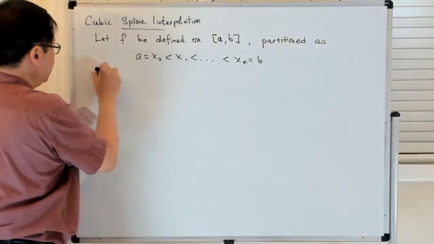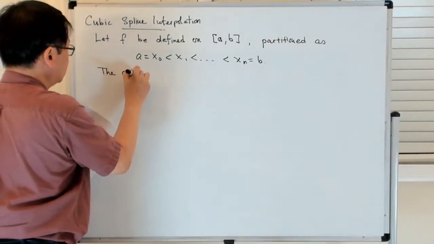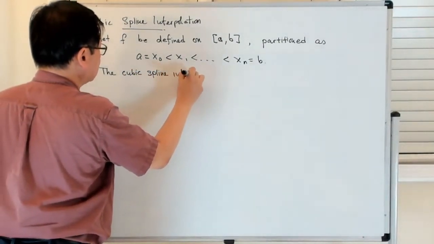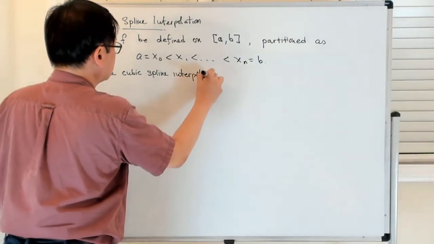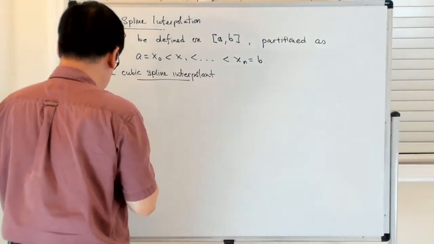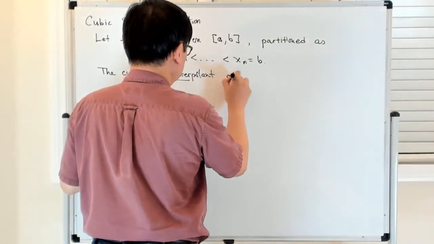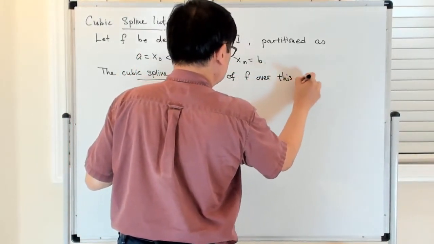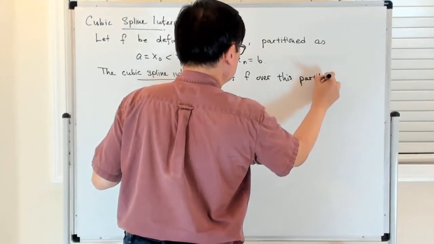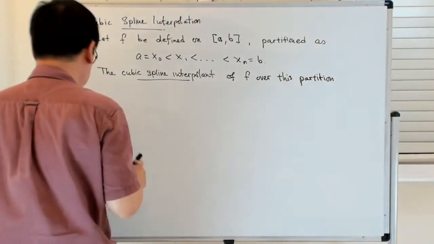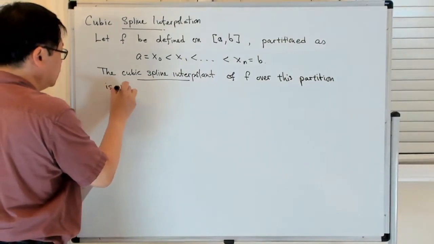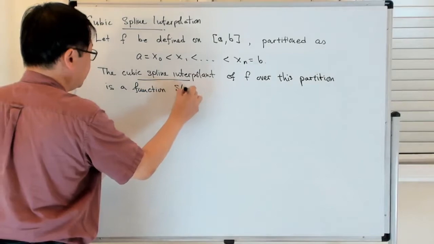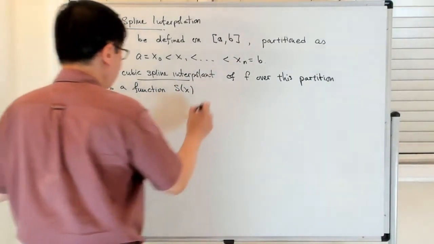So the cubic spline interpolant of f over this partition is a function s of x defined by the following.